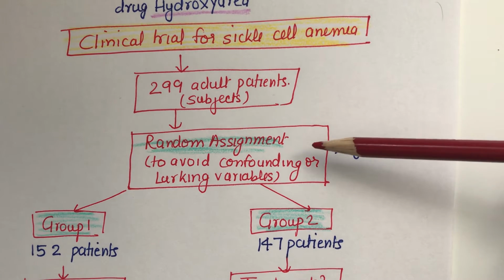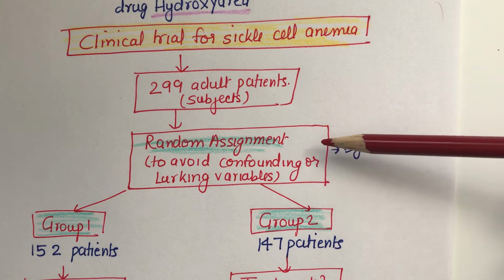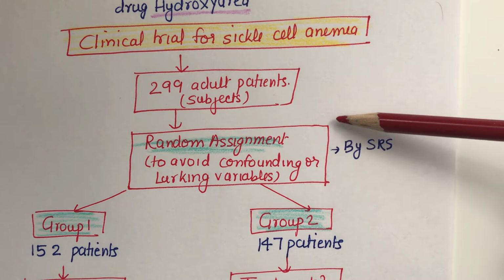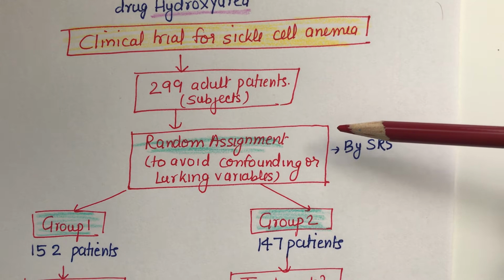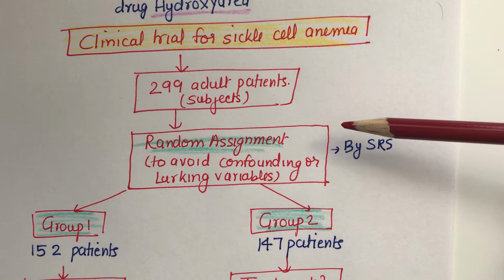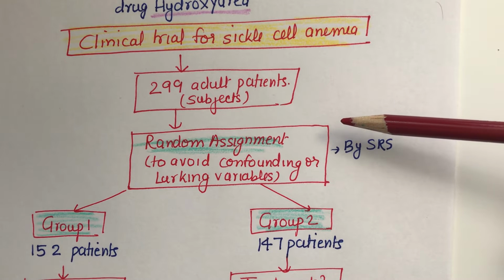Here is an example of a lurking variable. Suppose someone knows that they are a subject in an experiment and is being treated for some intention; they may behave differently. Random assignment is done to avoid bias.